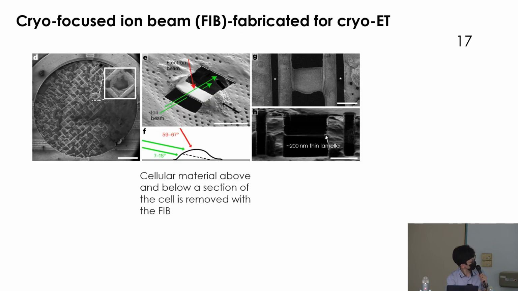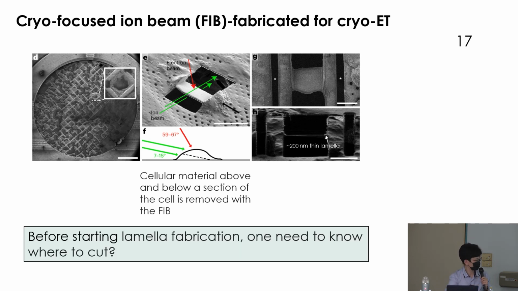Here, the figure in the paper shows the same: some cells grow on the grid, and you apply ion beam to make the cell thinner, and also observe using the electron beam. So you have sample in this case about 200 nanometers, very thin lamella.